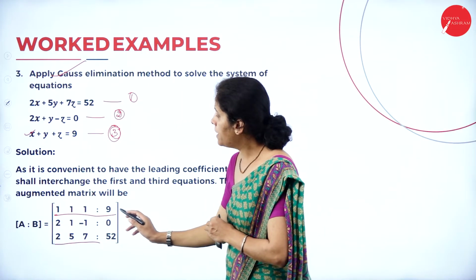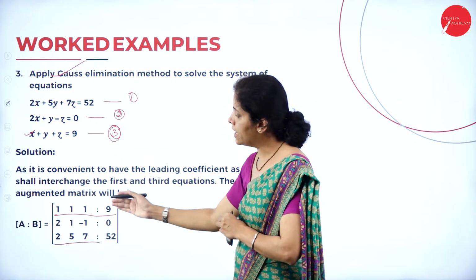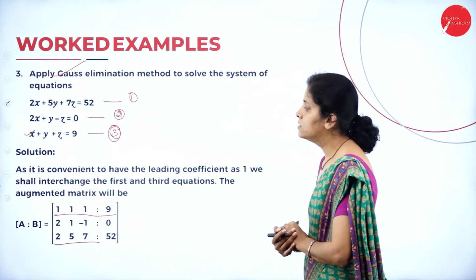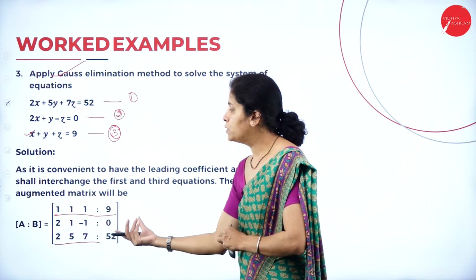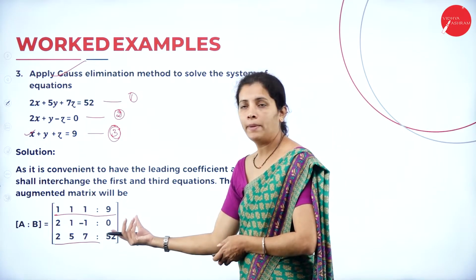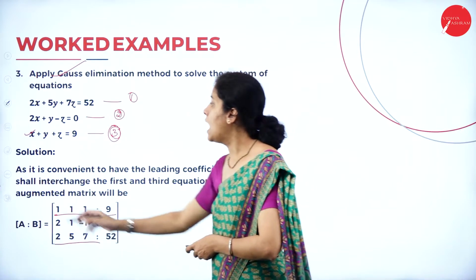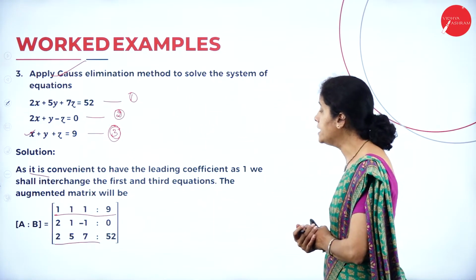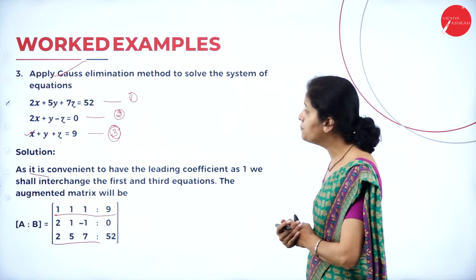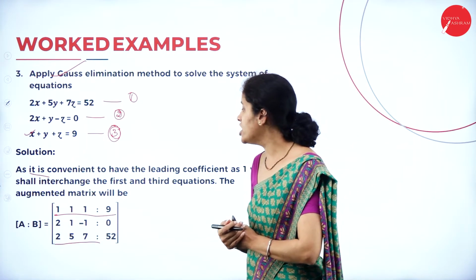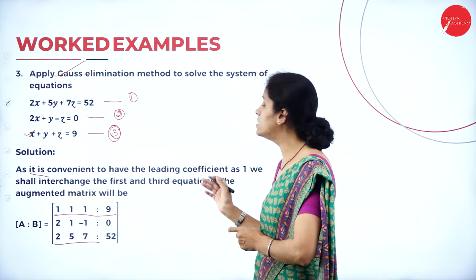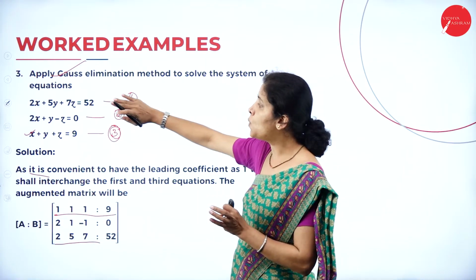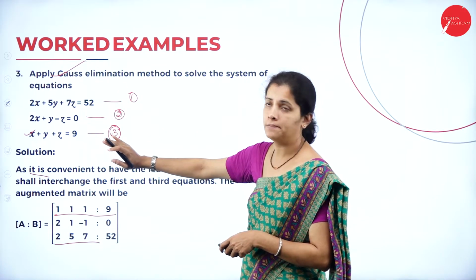In my first row I have row 3, and in my third row I have row 1. This is the way I construct the augmented matrix. As it is convenient to have the leading coefficient as 1, we shall interchange the first and third equations. I'm just going to interchange row 1 and row 3.